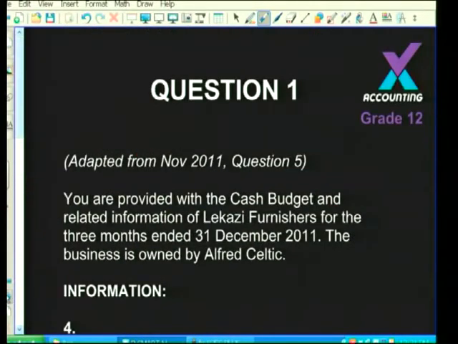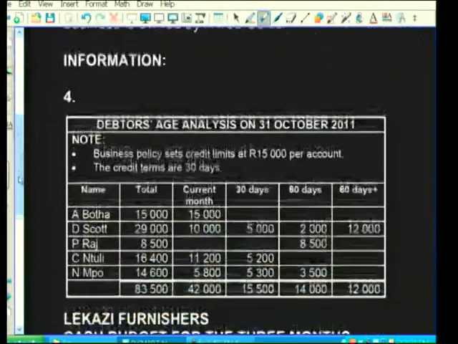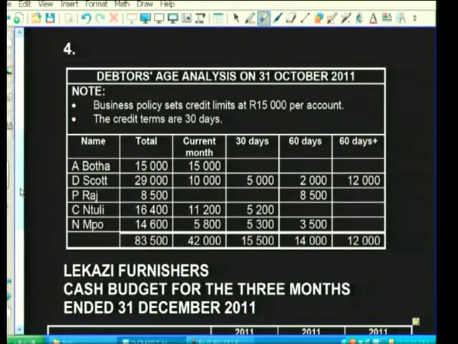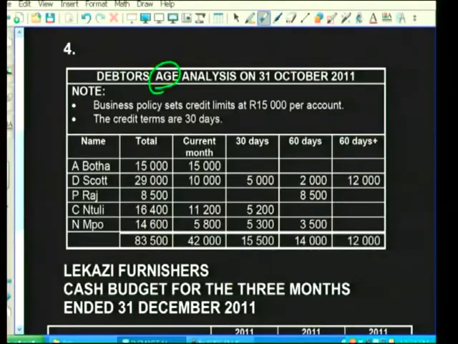Next bit of information, number 4. The debtors' age analysis on the 31st of October 2011. Remember, guys, age analysis simply tells you how long a debtor's account has been outstanding. It breaks it up nicely into the number of months a debtor's account is outstanding. Information repeated. Business policy sets credit terms at 15,000 per account.